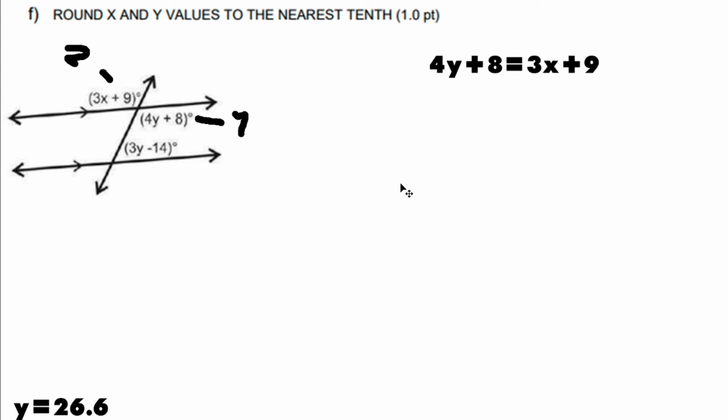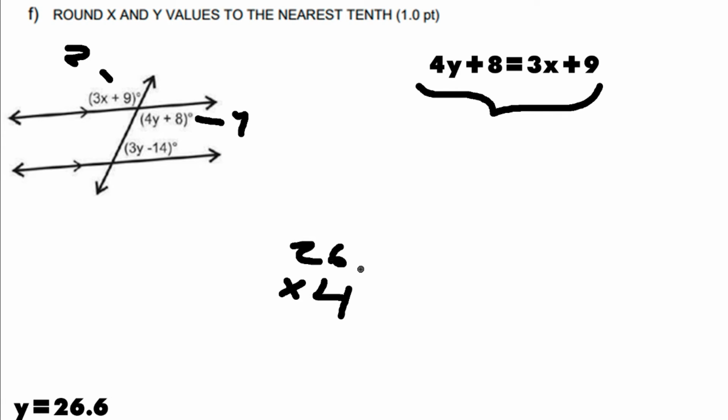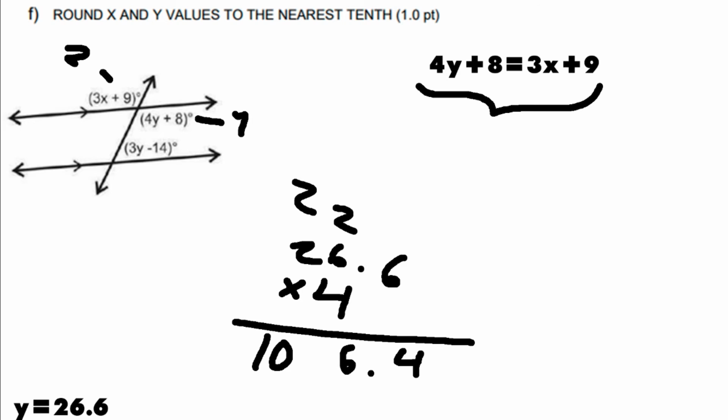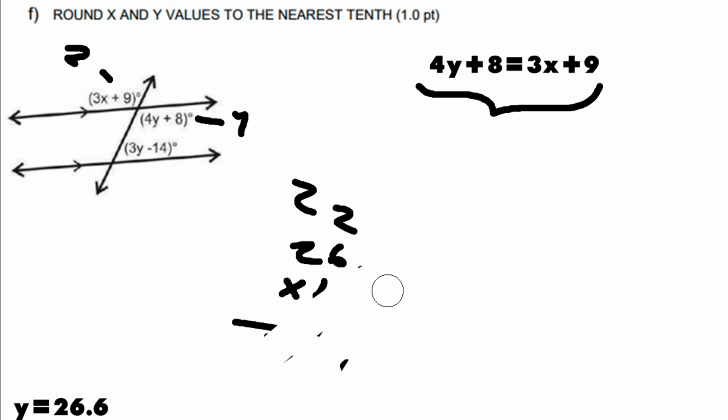Since we know the value of y, we just multiply 4 times 26.6. So 4 times y gives us 106.4.